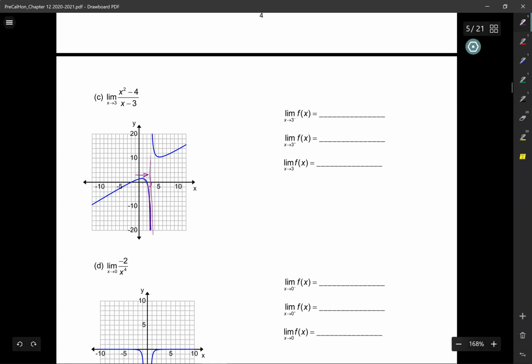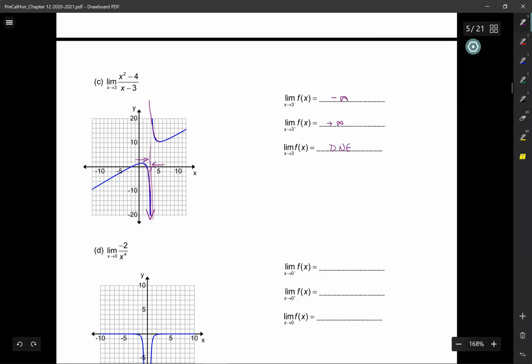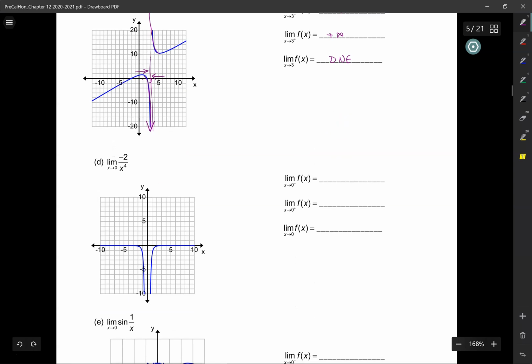Where is the graph going? Down to -infinity, right? But as I approach from the other side, where is the graph now? Where is it going? Up to +infinity. Because those two are not the same, I say the limit does not exist. Okay, here.